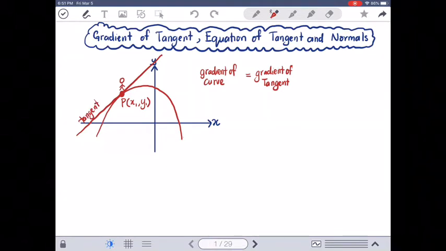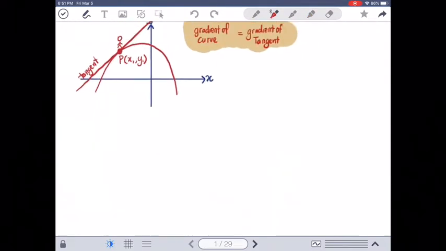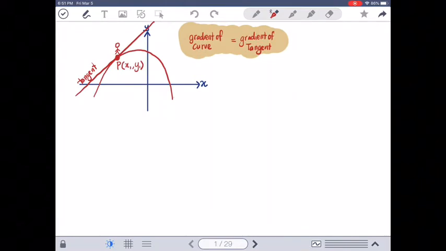We can say that the gradient of the curve is just equals to the gradient of the tangent at point P. So whenever you want to know the gradient of any point on the curve, you just need to find the gradient of the tangent at that point.